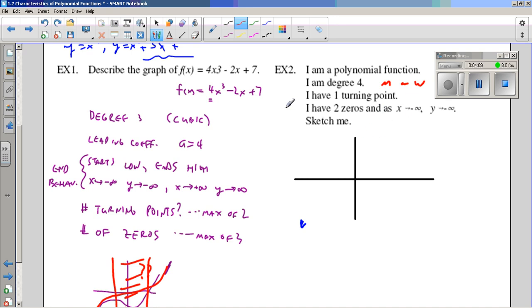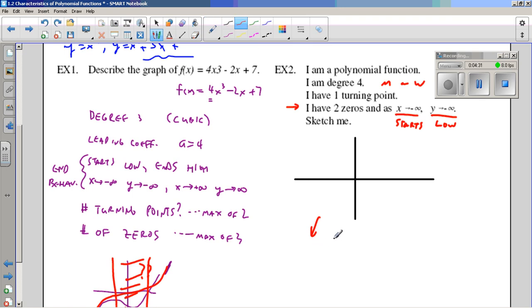This is the big thing here. As x goes to negative infinity, that's where it starts. Y goes to negative infinity. That's low. So I know that the function starts low.